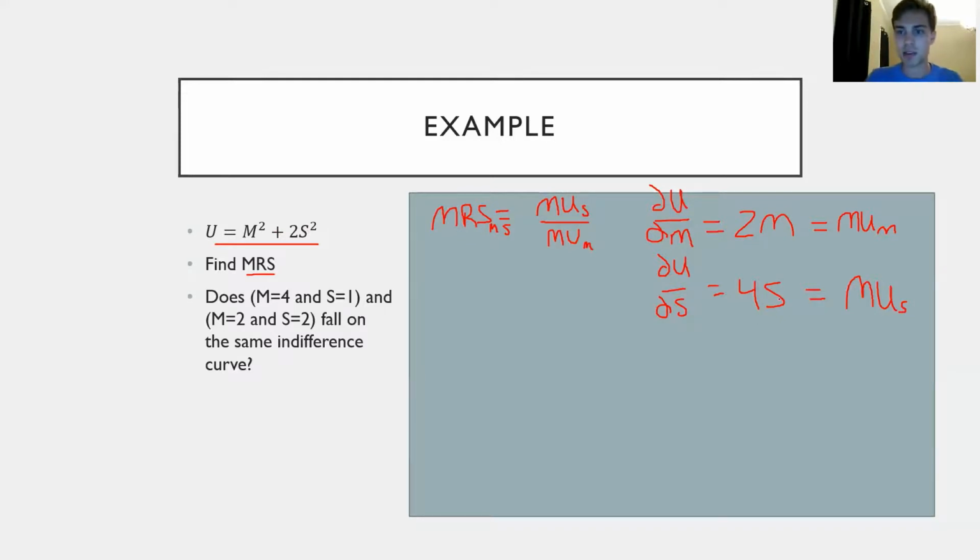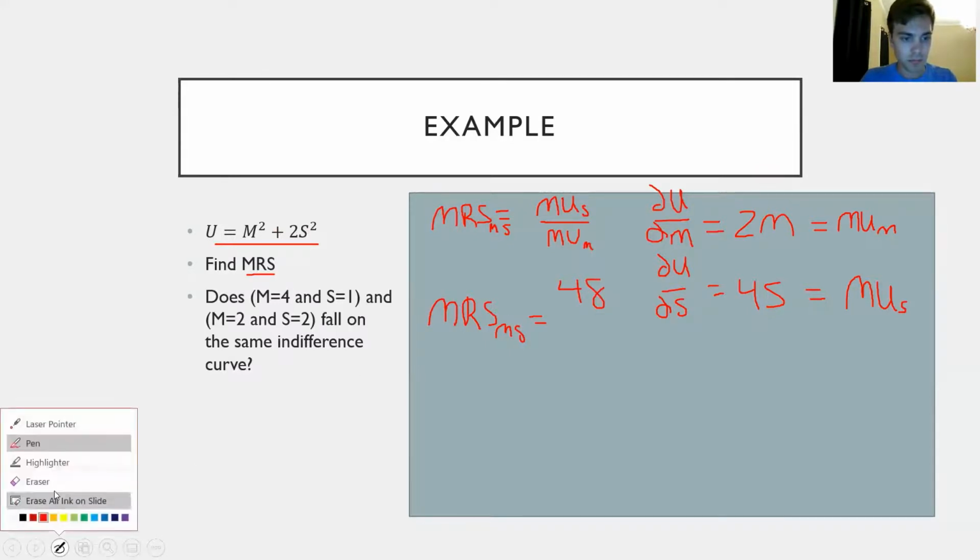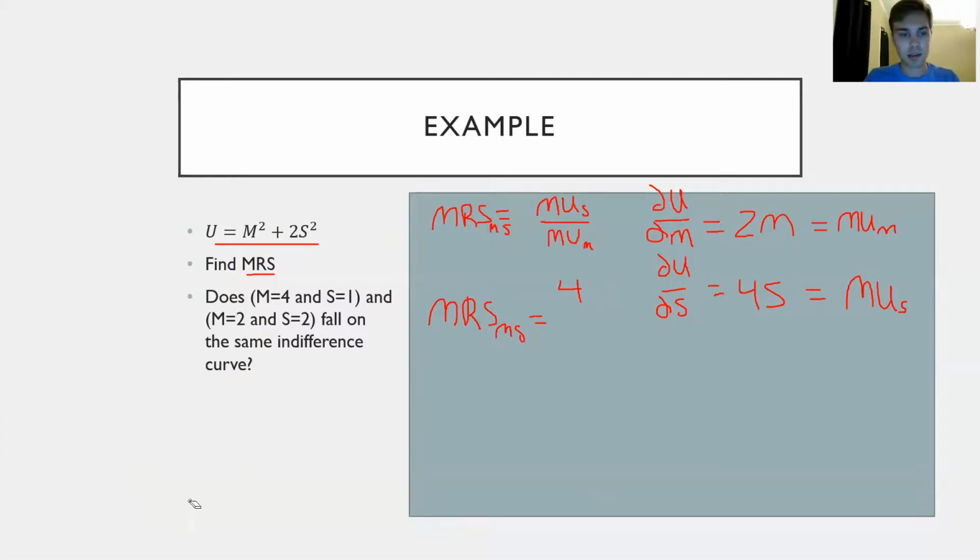And so we just take the ratio of these two. And so the MRS of ms is equal to 4s. Oh, that's an 8. Let's see if I can erase that. I can. There we go.